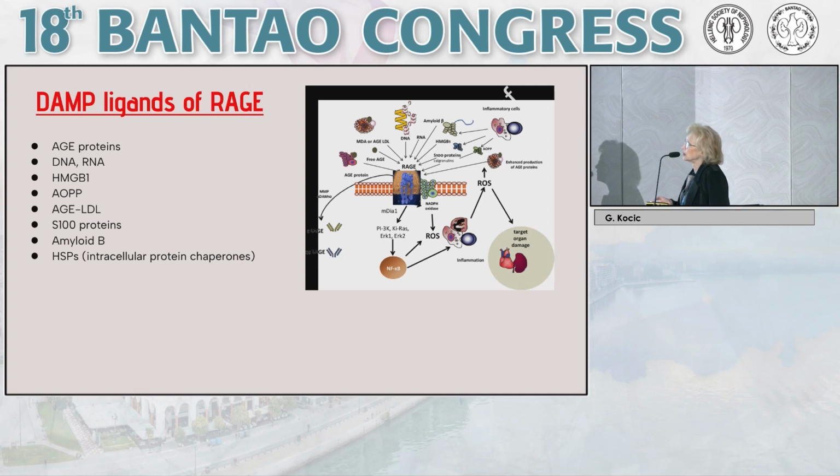Then DNA, RNA, high mobility group box protein 1, advanced oxidation protein products, glycated LDL, S100 proteins, amyloid, and heat shock proteins. All of them can activate the specific pathway, and they can activate transcription factor NF-kappa B.